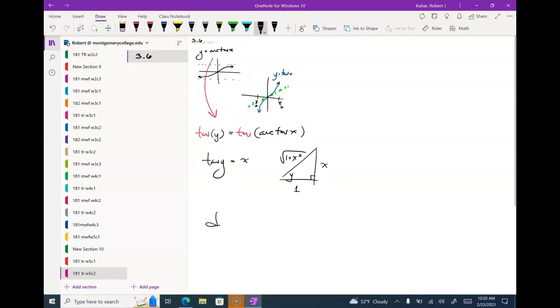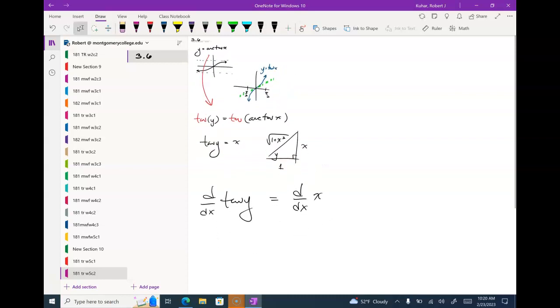So I want to do the derivative with respect to x of tan of y, and that should be equal to the derivative with respect to x of x. On the left-hand side, we need a chain rule with implicit differentiation, what we did Tuesday. So what's the derivative of my outside function? Secant squared.